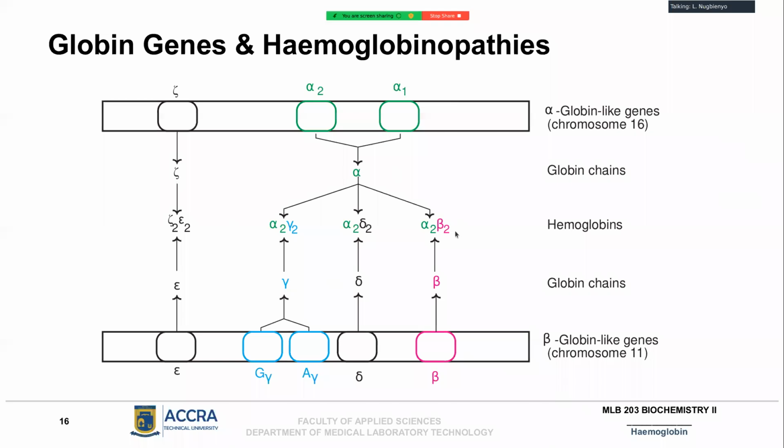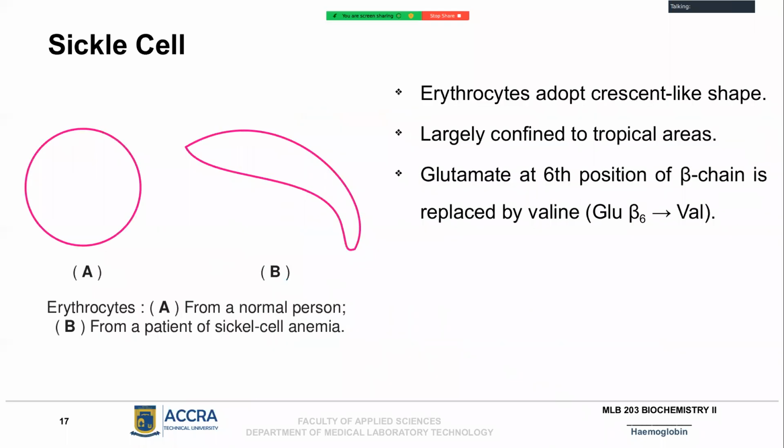And so it means that they are going to be coded for in a DNA. All right. So if that is understood, the first hemoglobinopathy, the common one, which is mostly referred to, is the sickle cell.